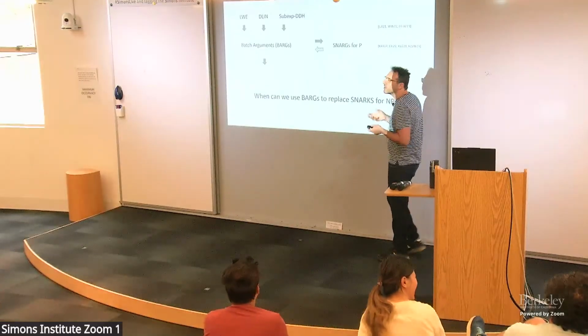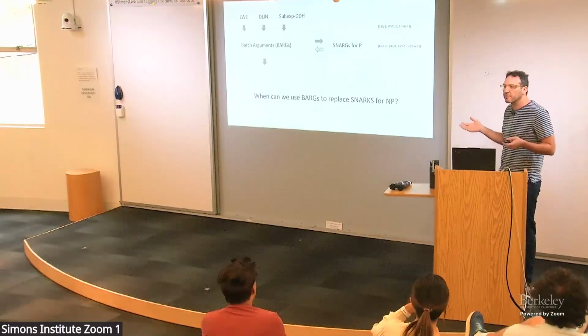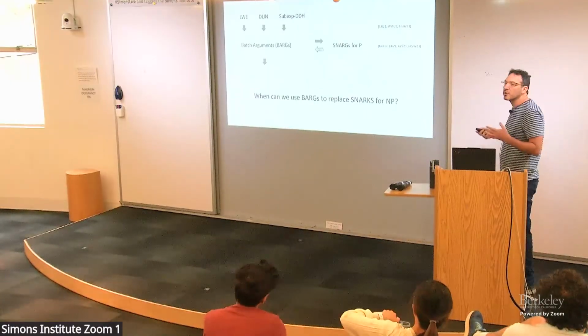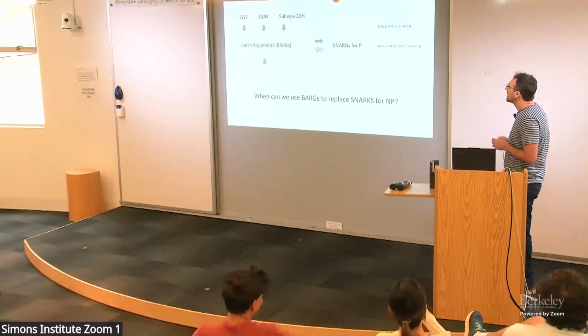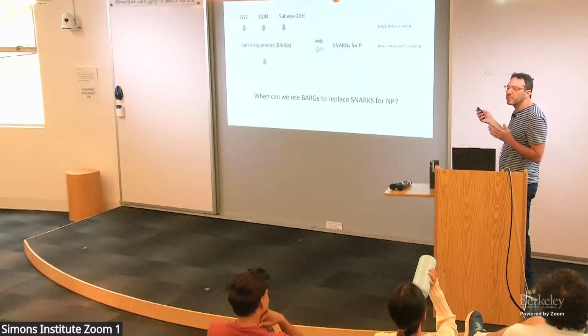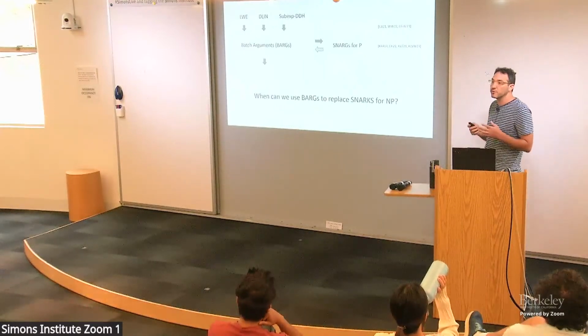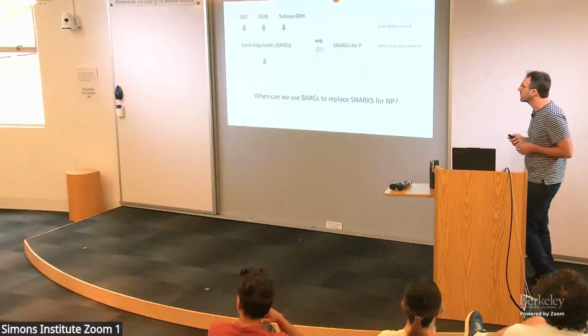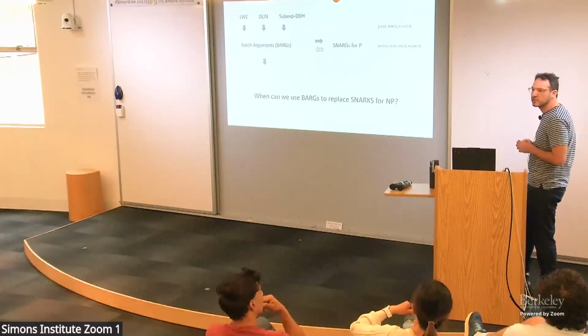The type of knowledge extraction that we get from these BARGs is going to be the main topic of this talk. This is what makes these objects interesting, and we don't have a special letter for this, but there is some baked-in knowledge extraction there. It's just not the type of extraction that we're used to in SNARKs. Okay, so I'm going to talk about this. More questions?